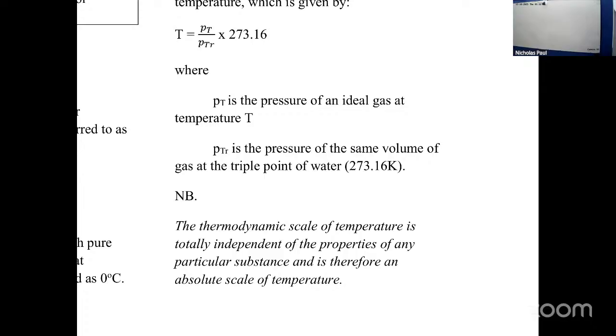Ready? A gas thermometer at constant volume has a pressure of 100 kilopascals at the triple point of water.